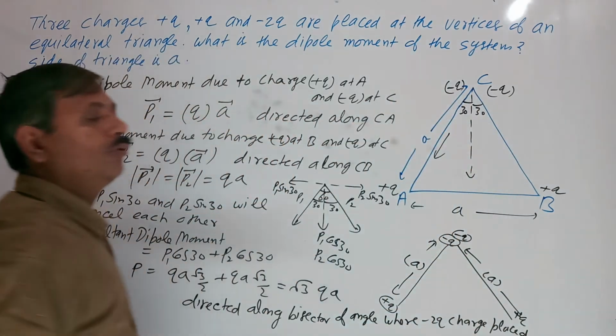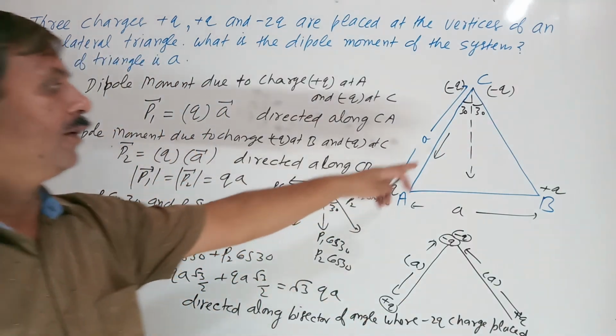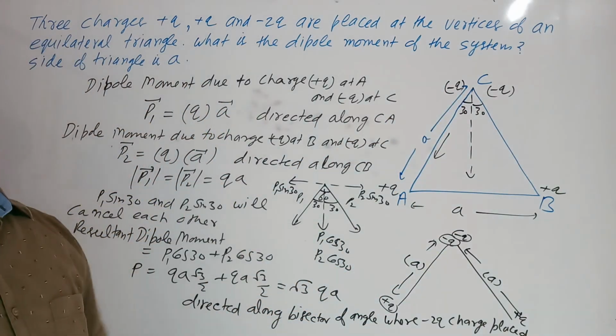The angle bisector at the place where the minus 2Q charge is kept will be the direction of this resultant P.